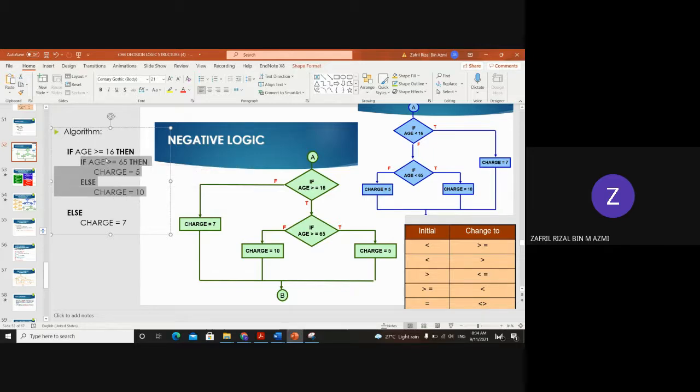This is the else for this one, don't get confused. That's why the indent is like this, to make it clear for the reader to understand. So this is the else for this if. Clear, class? Clear?